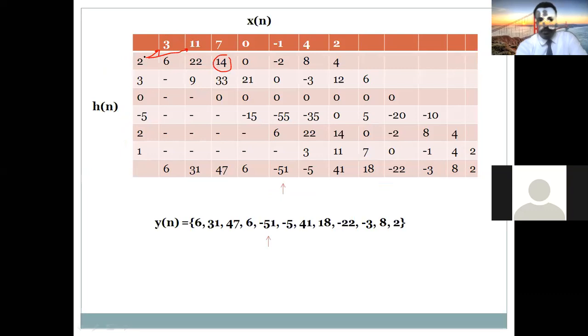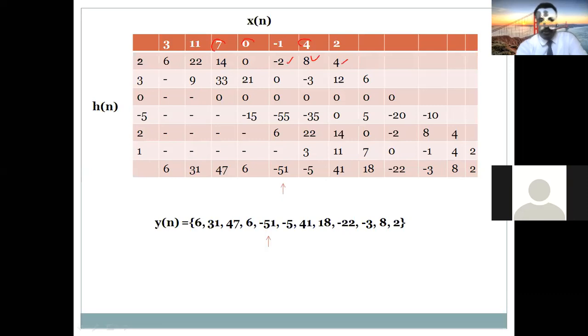So multiply this impulse response with each of these inputs. 2 times 0, 0 here. 2 times minus 1, minus 2 here. 2 times 4, it will be 8. 2 times 2, it will be 4.